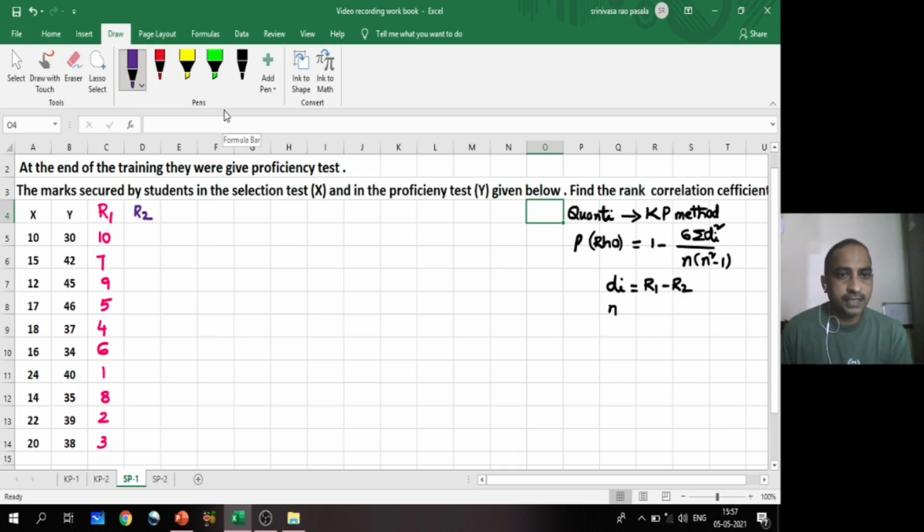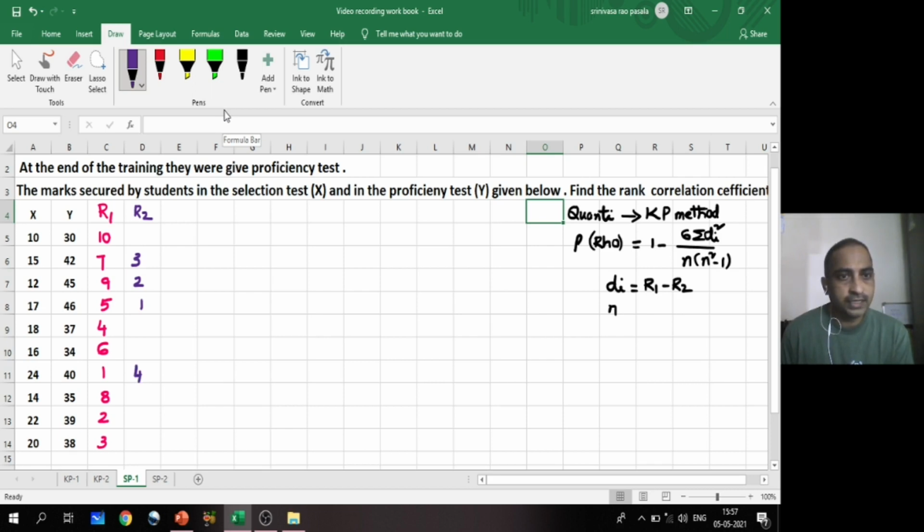In the Y series the highest mark is 46, so I assigned rank 1. After 46, 45 is the next highest, so 2. After 45, 42 is the next highest, so 3. After 42, 40 is 4.